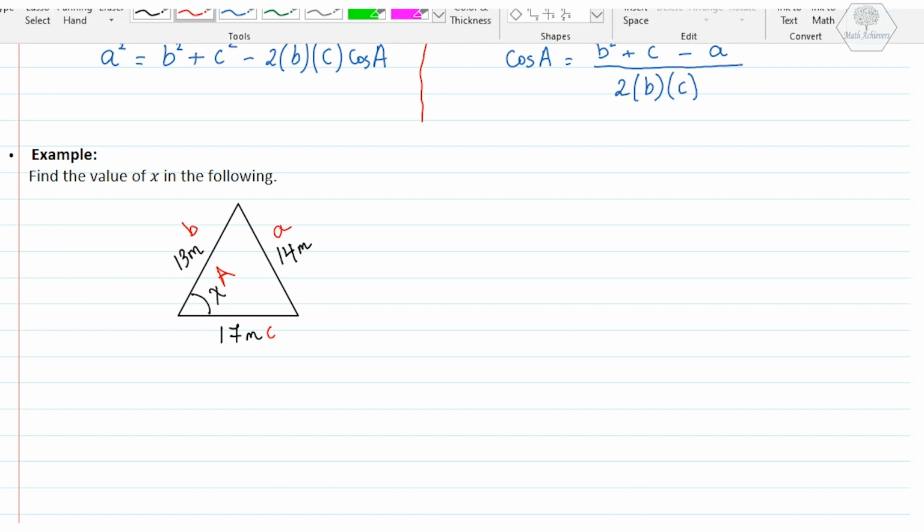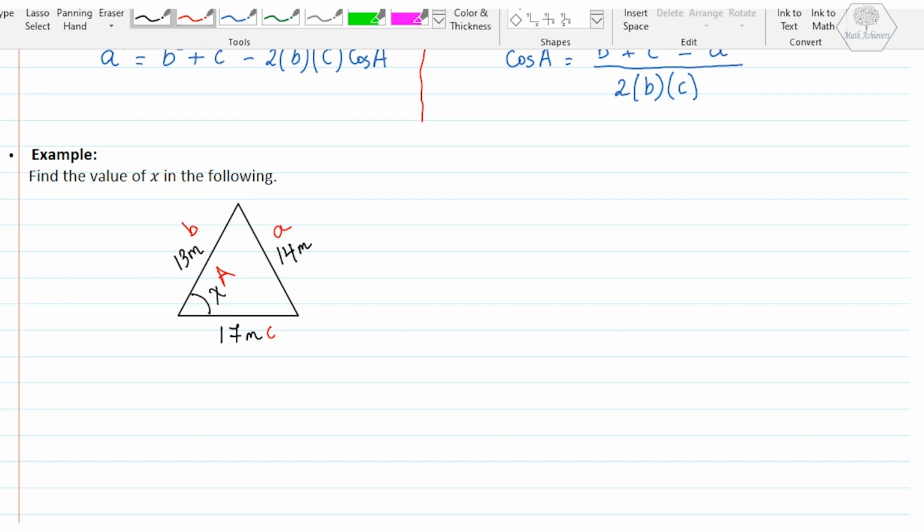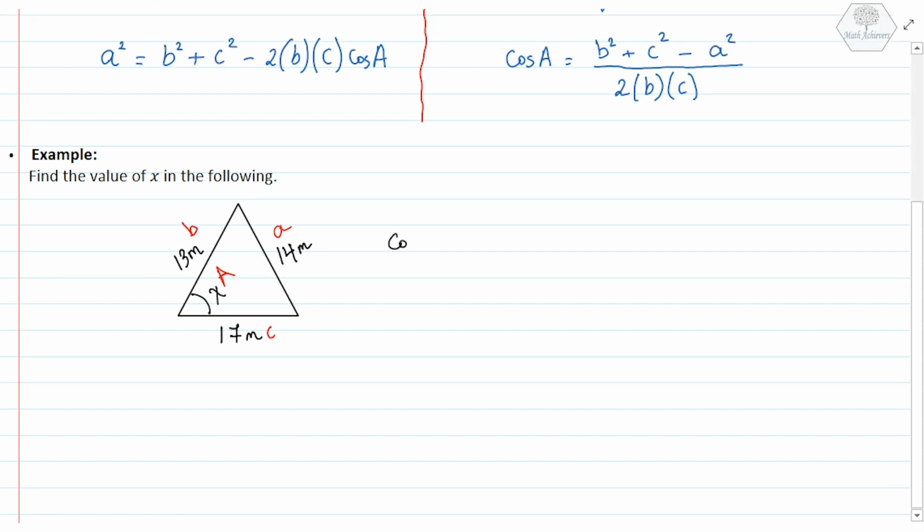So I can use now cosine A equal to b squared, which is 13 squared, plus c squared, which is 17 squared, minus a squared, which is 14 squared, all of it over 2 times b times c.